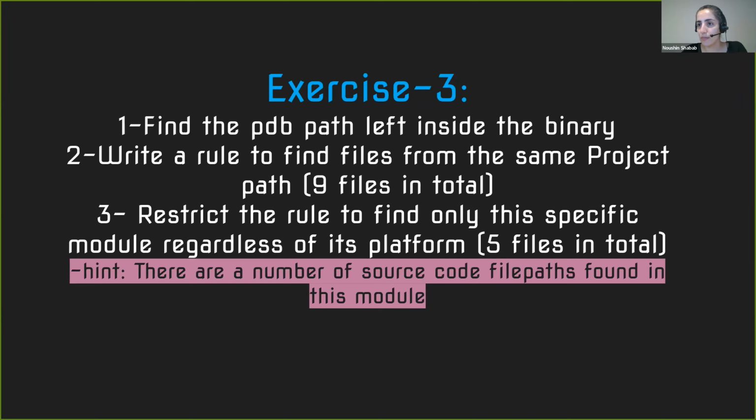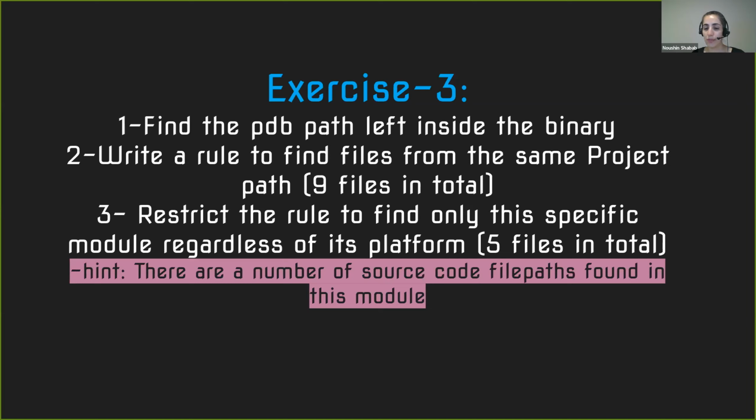So what does it mean by regardless of its platform? When you look at the PDB path, you can see that the file was compiled for a specific platform, like the x86 platform. There are different examples of the same module in the collection that are compiled for different platforms.